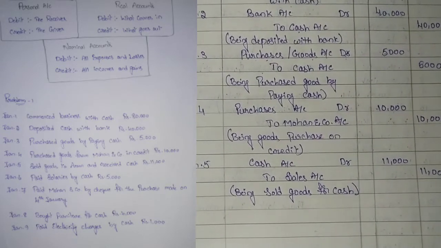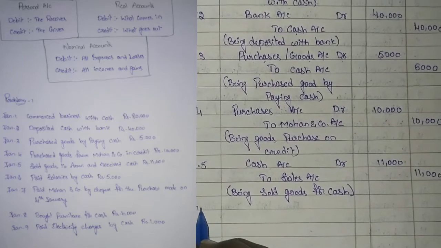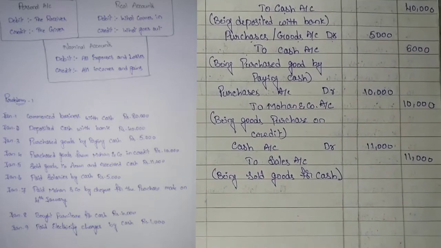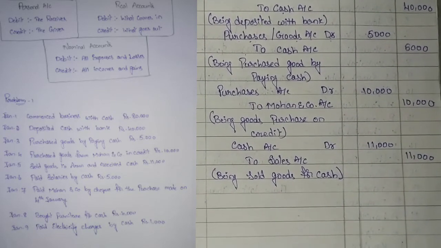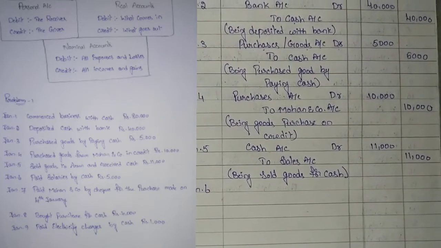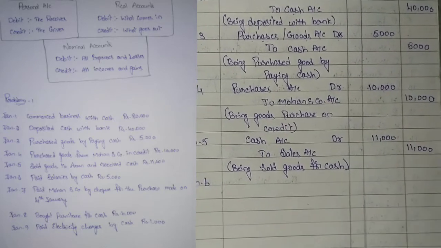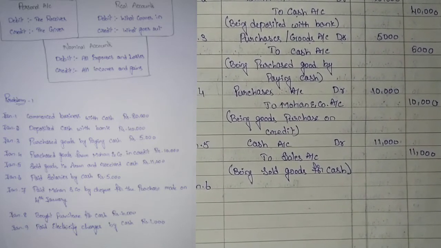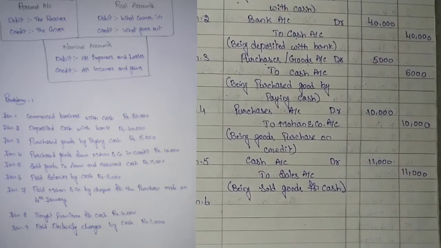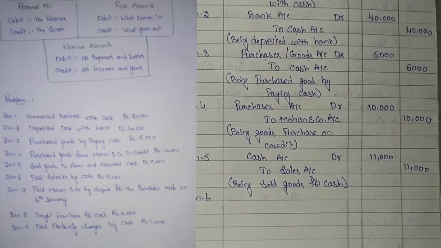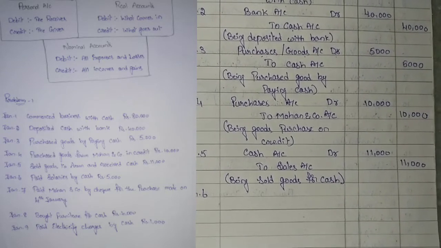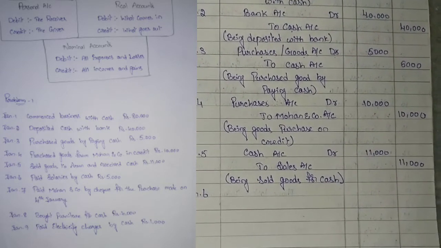And the next transaction is on January 6th. Paid salaries by cash. So here salaries come under the expenses of the business. Whatever service the employees rendered for the company, for that we provide salaries and wages. So salaries will be considered an expense for the business organization. So expenses will come under the nominal account. According to nominal account, debit all expenses and losses and credit all incomes and gains.